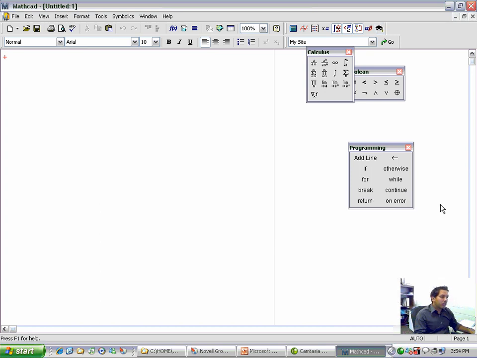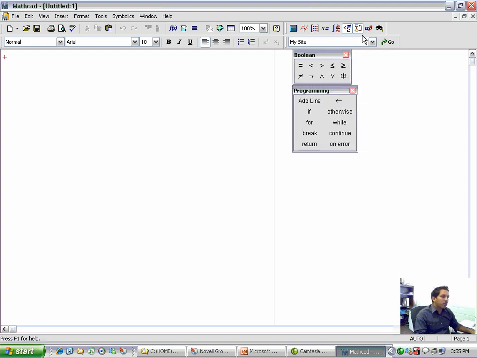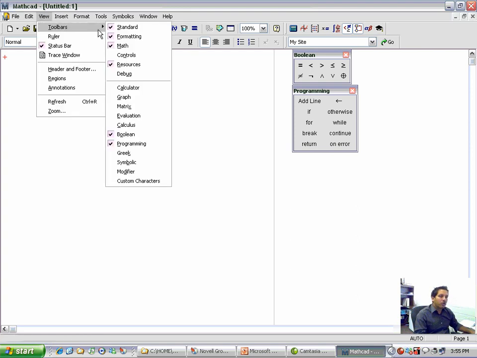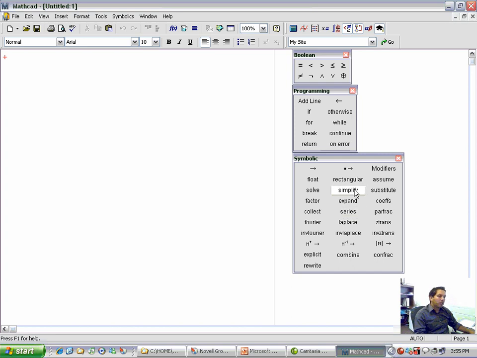Mine are already open, but I'm going to close them. We've used the programming toolbar and the Boolean toolbar in the past, as well as the Greek toolbar. But let's open up the symbolic manipulation toolbar, which is indicated in the general toolbar here with a little cap. You can also go to the View menu, Toolbars, and open the symbolic toolbar. As you can see, it's a pretty sizable toolbar that includes many operators, out of which we're going to exercise a lot today.